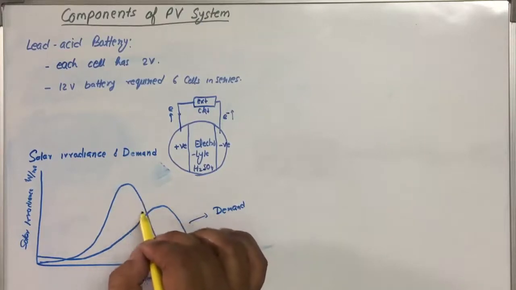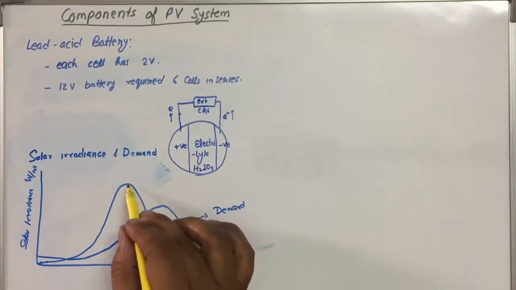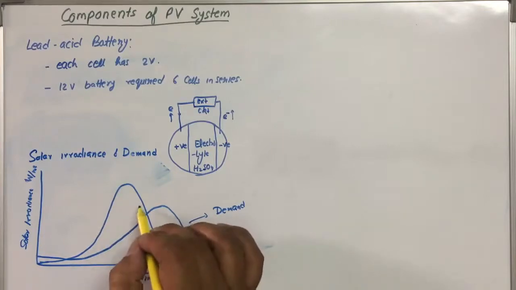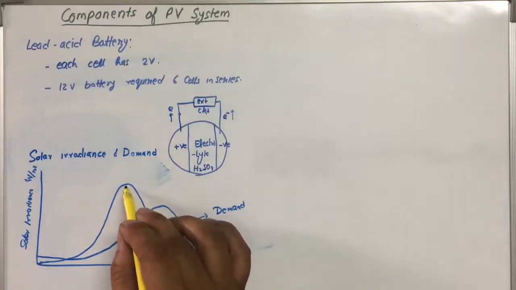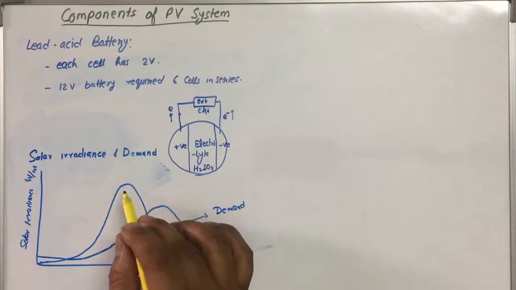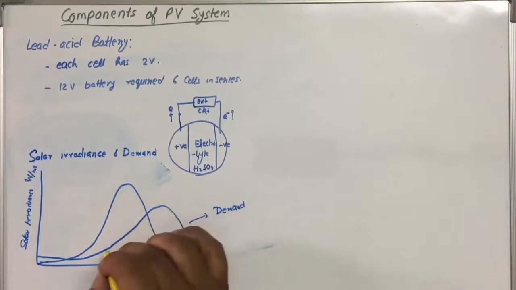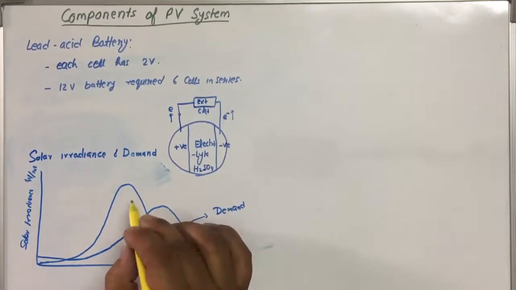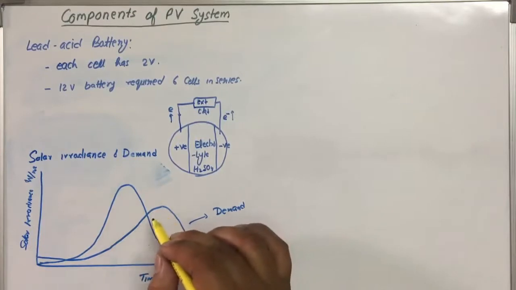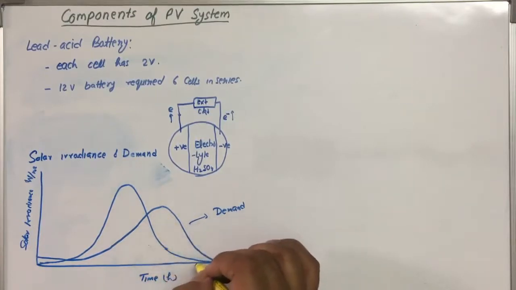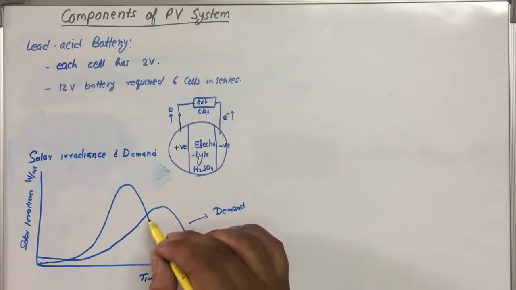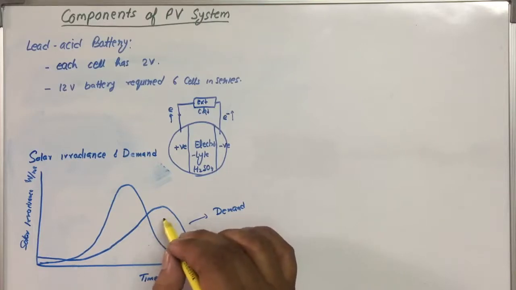At this time the power that we generate is okay, and the demand is low, so it can be fulfilled, but after that the generation is very low, the radiation energy is low, however demand is high, so it cannot be fulfilled.